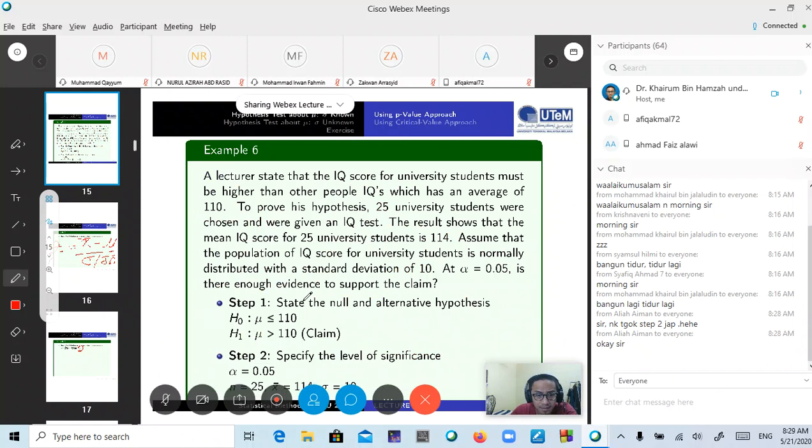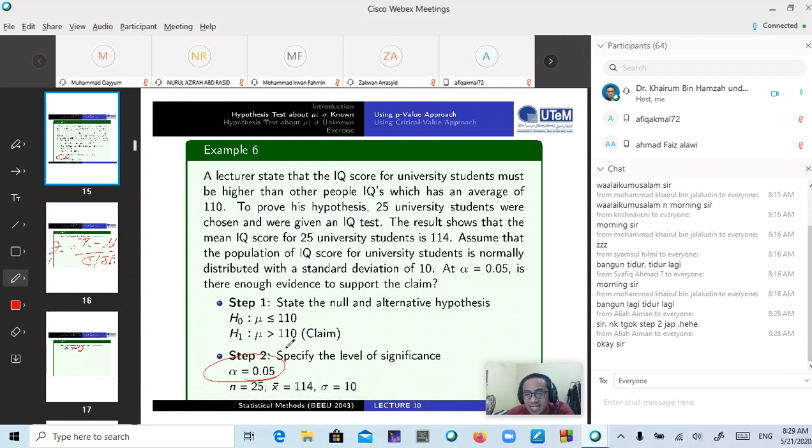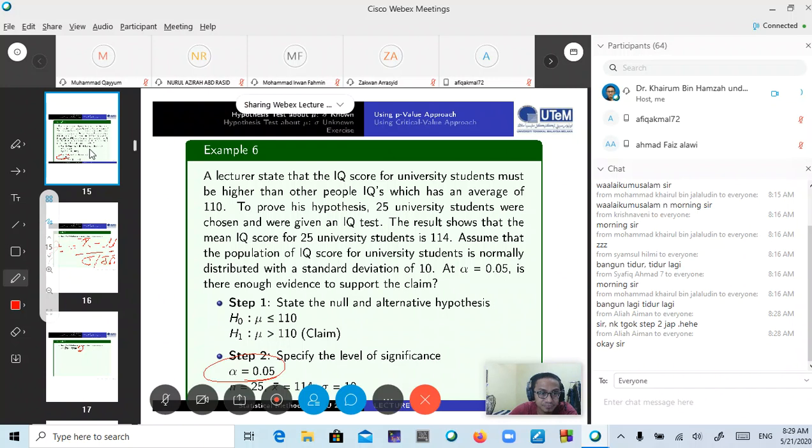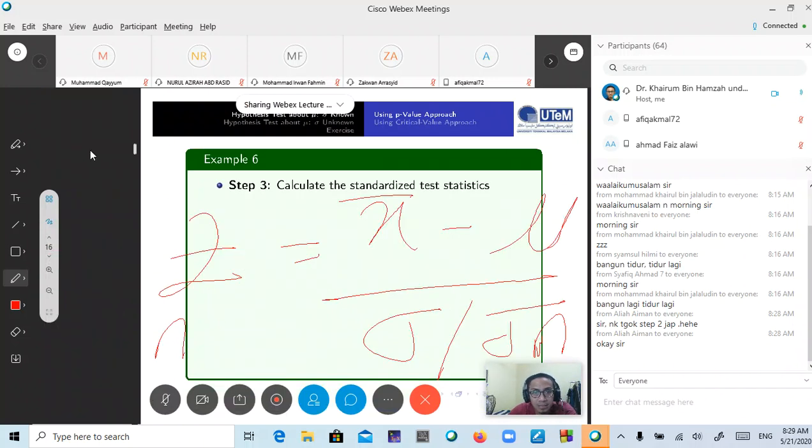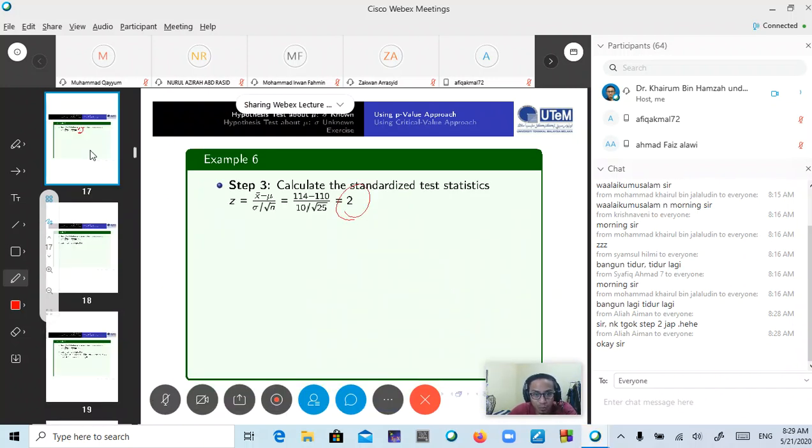Identify level of significance. Lepas tu you listkan sekali lah semua item yang ada, sebab kita nak guna benda tu semua. N equal to 25, X bar equal to 114, sigma equal to 10, you nak guna dalam step 3. Okay, calculate. So, you akan dapat 2.